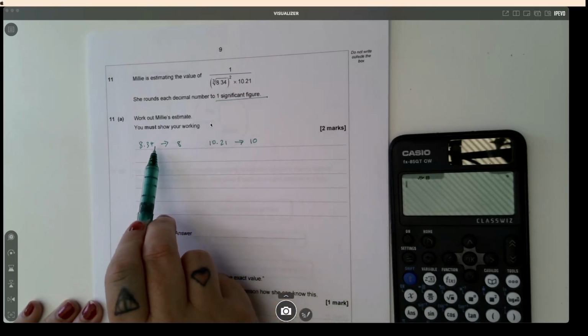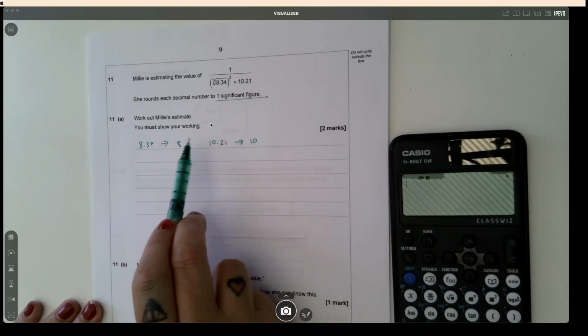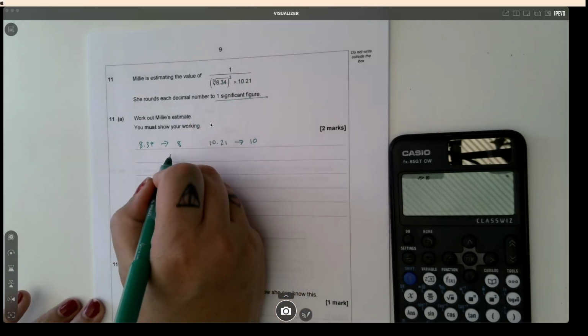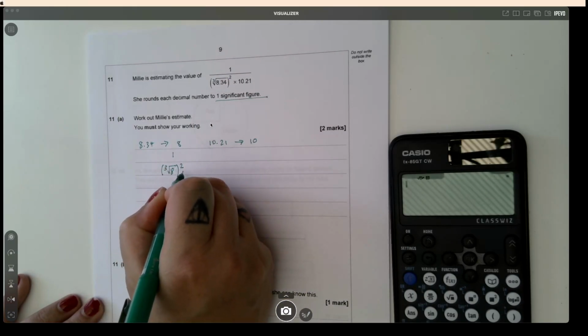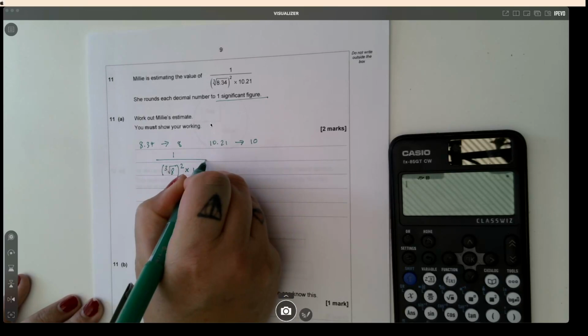So now I'm going to replace the decimals in this calculation with the two rounded values. So we have 1, and then we have the cube root of 8 squared multiplied by 10.